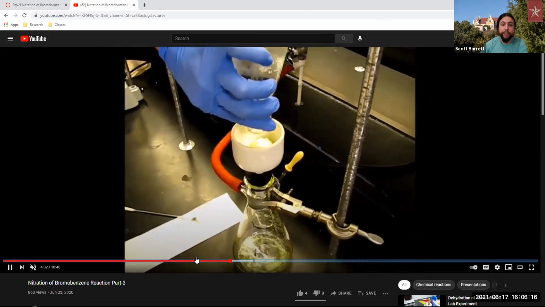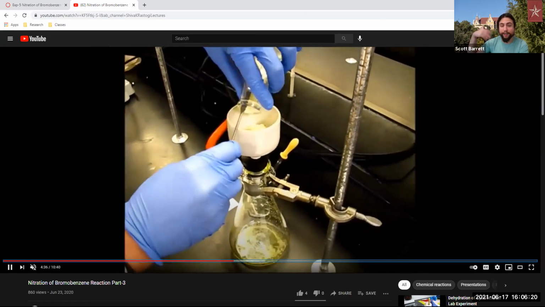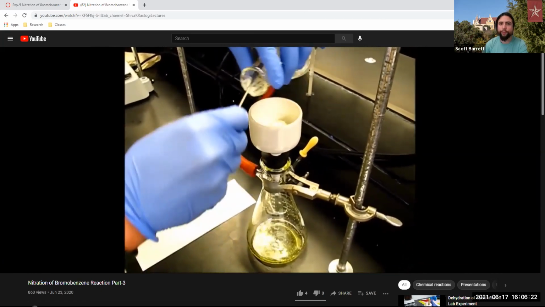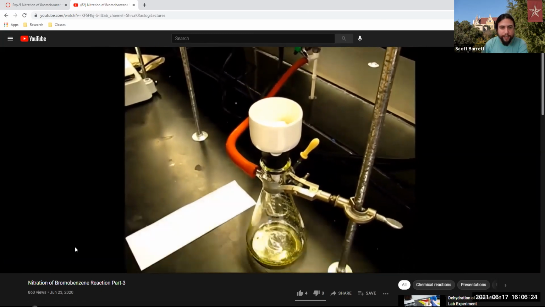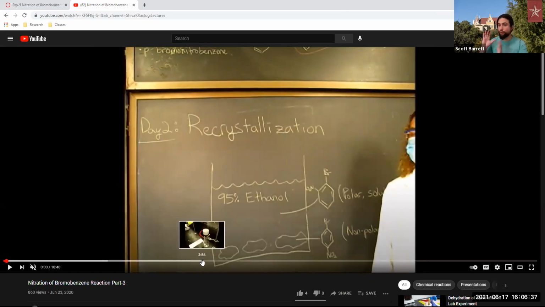We wash it through. You can see the liquid is colored. The reason it's colored is because that's going to be our soluble ortho-nitrobromobenzene. Our nonpolar insoluble para-nitrobromobenzene is going to be precipitated out. So make sure you just remember, para is nonpolar.